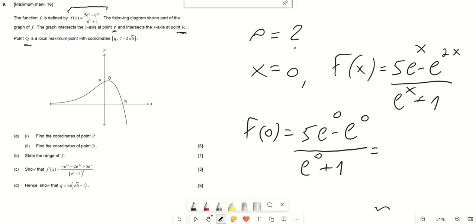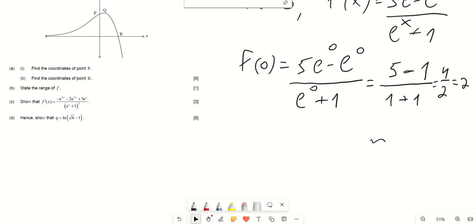So e to the power of 0 is 1. Then I have here 5 times 1, which is 5, minus e to the power of 0, which is 1. And in the denominator, e to the power of 0 is again 1, plus 1. Then I am left here with 4 divided by 2, which is 2.